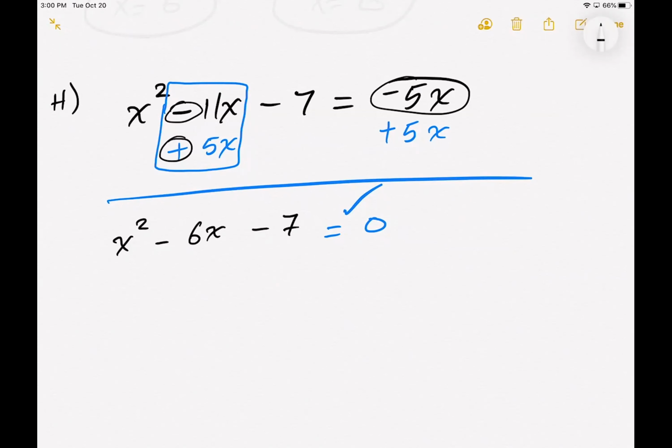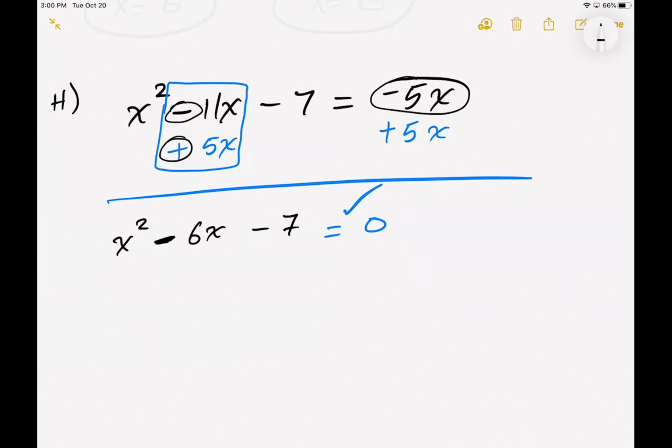That's why I subtract and keep the sign of the larger number, right? So again, the sign is opposite. The factor is negative, but the answer should be positive 7 and negative 1.